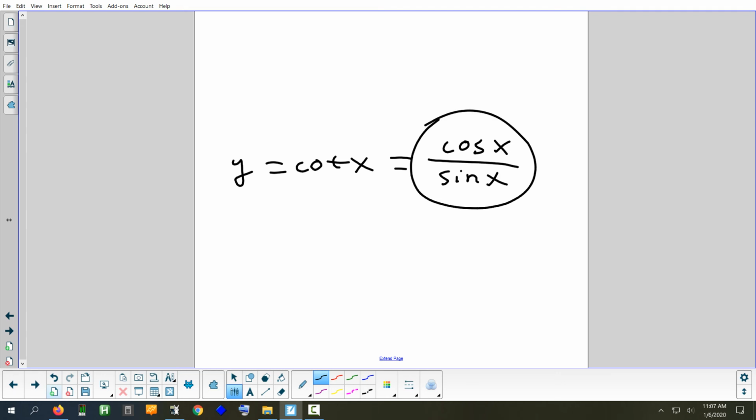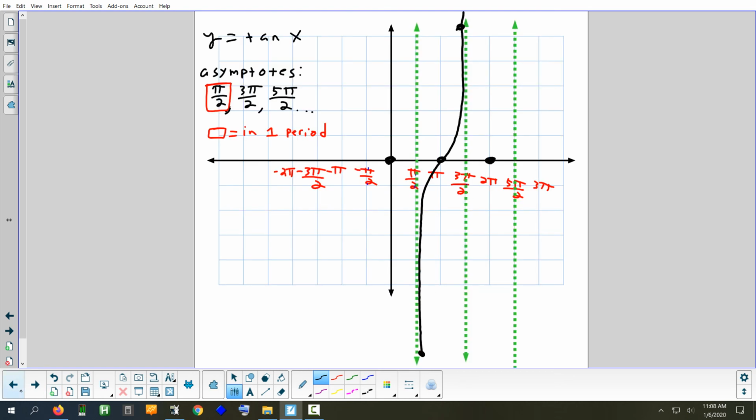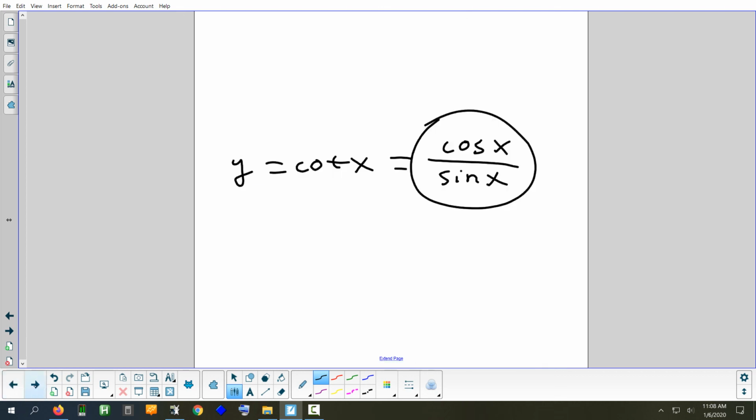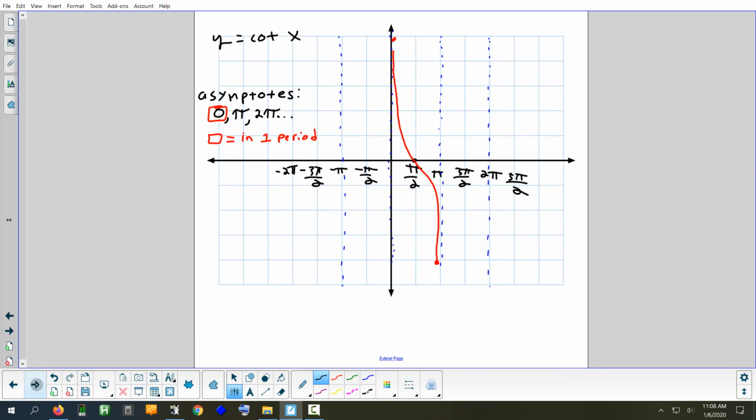So what that means is, if cosine and sine switch places, everywhere that this graph had an asymptote in tangent, that's going to become a 0 in cotangent. Everywhere that this graph had a 0, that's going to become an asymptote. All the asymptotes and zeros switch places. That's basically what happens. And I think the direction of the curve changes as well.